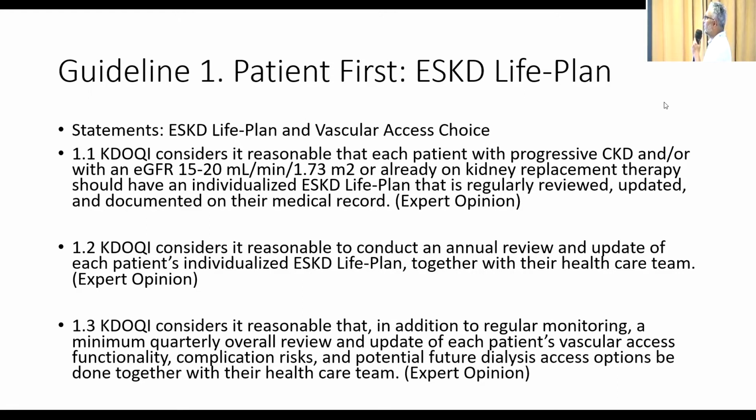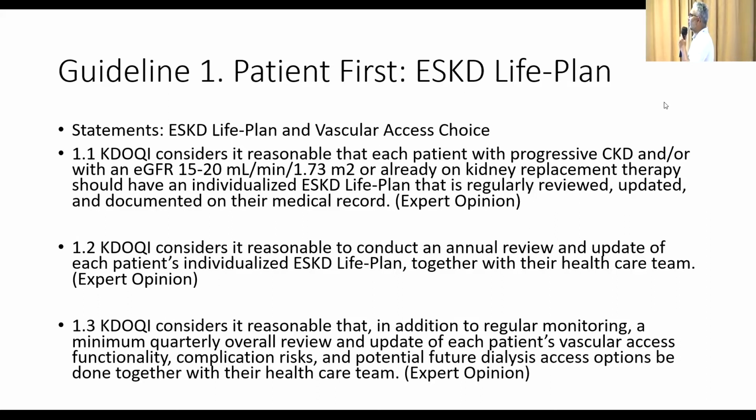So as I said, patients with end-stage renal disease have to have a life plan and a vascular access choice. So when do you send these patients for a vascular access? We usually know patients when they reach the eGFR of around 15 to 20, and KDOQI actually recommends that. So progressive CKD and or an eGFR of 15 to 20, they need to have a planned vascular access.